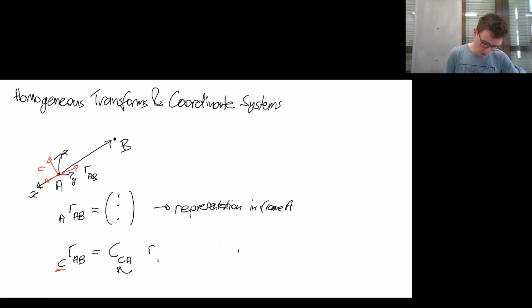And to remember this, it's easy to see when we write the whole formula, because those two neighboring indices have to match. So the coordinate rotation matrix from A to C takes a vector that is represented in A frame and transforms it into a vector that is represented in C frame.